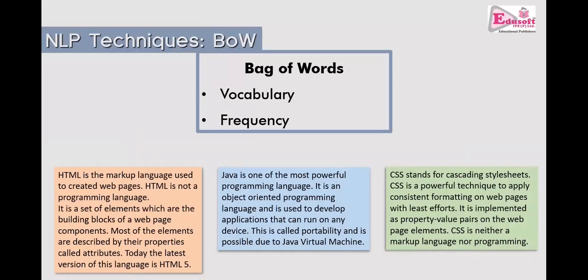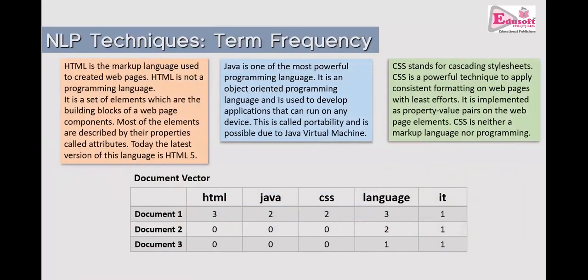Now, these three documents are completely different in terms of languages. If I'm going to take out the vocabulary, for example, HTML, how many times is HTML appearing in document 1? How many times in 2 and 3? That is called the vocabulary. HTML is the vocabulary, and frequency is how many times it is appearing in that particular document.